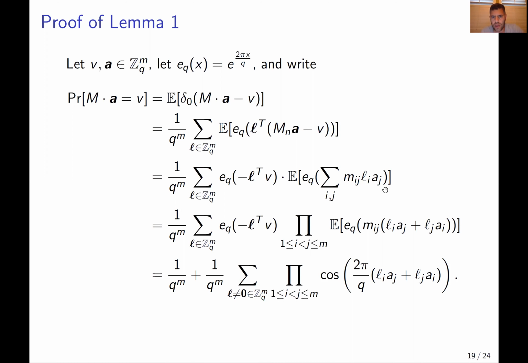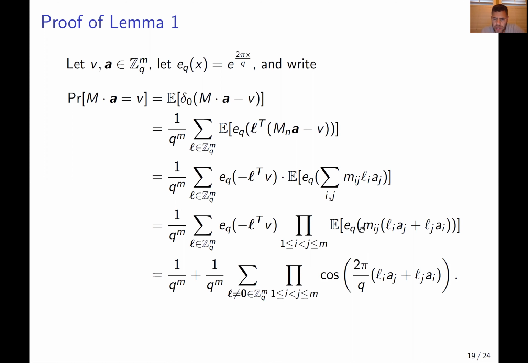So I want to collect them together. So we can just write it as the expectation, and the sum, I can write it as a product because everything is independent now. I can write it as the expectation of e_q of M_ij, and what is the coefficient of M_ij is just L_i A_j plus L_j A_i.